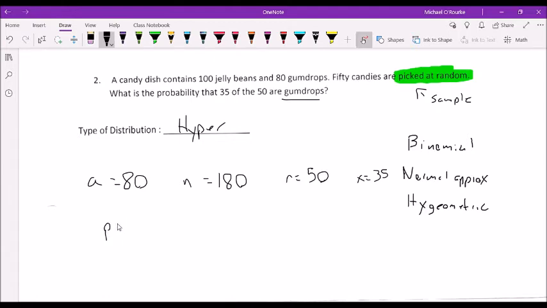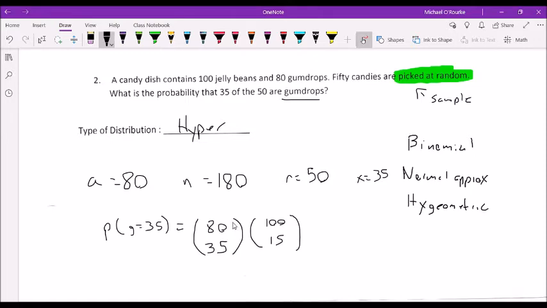So probability of gumdrops equals 35 is, now if I were to logic this out, 80 over 35, because that's how much of that population I want, right? Then the other population is 100 over 15. Is my formula correct?